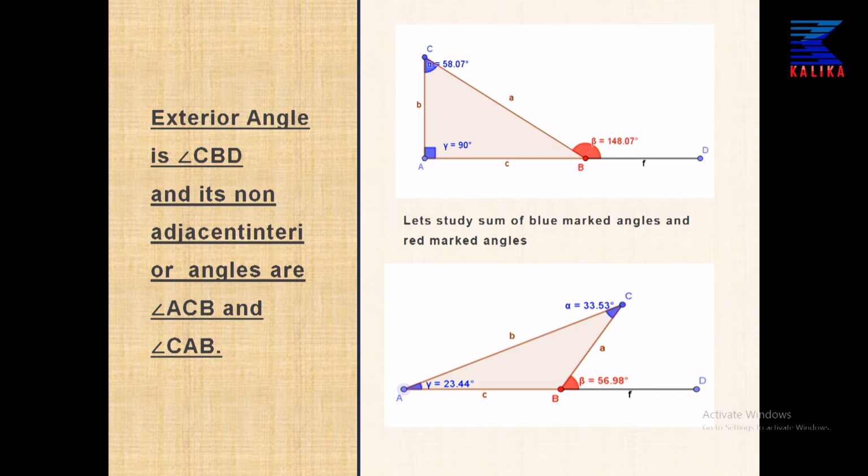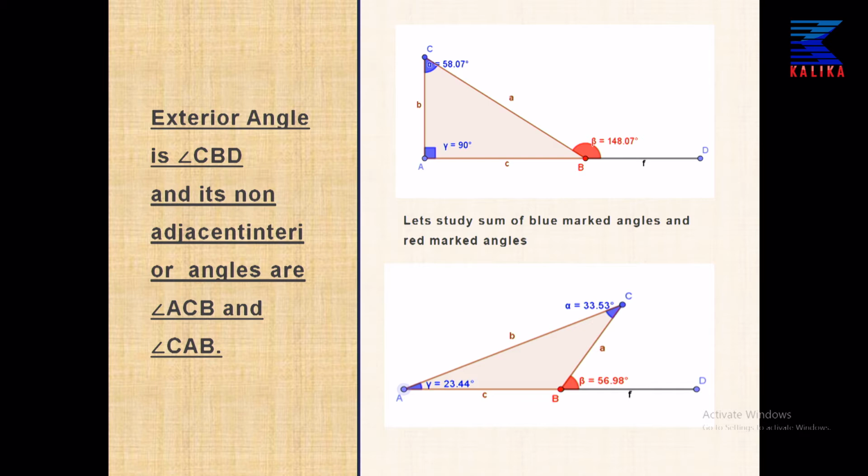This is given by the GeoGebra software app. Randomly I took 3 vertices, drew a triangle, made an exterior angle, and got the result like this. You can also check in the GeoGebra application.